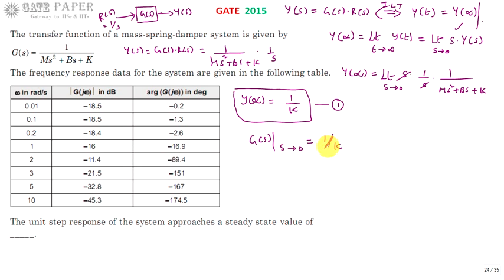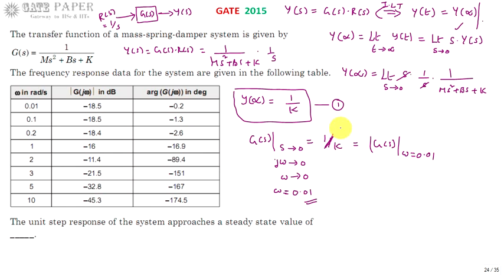Now s tending to 0 is actually j omega tending to 0, that is omega tending to 0, which means very small values of omega. So out of this table which has given omega so many values, 0.01 is going to be treated as tending to 0. So the magnitude of G of s with omega equal to 0.01 will be treated as 1 by k.